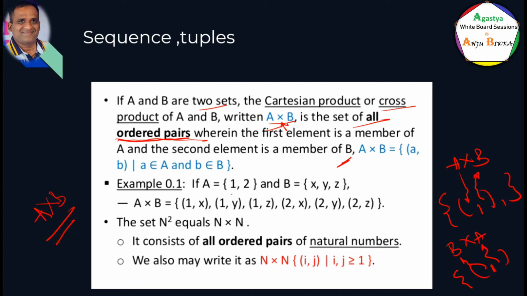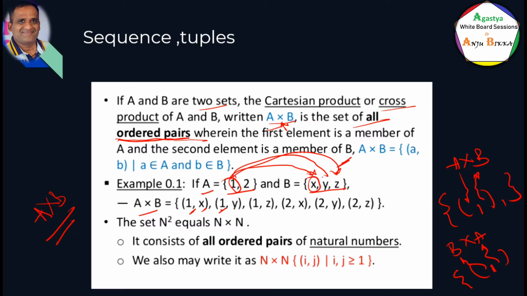Now, in this example, when we take A = {1, 2}, B = {X, Y, Z}, then for A cross B, the first element is from A and the second element from B. So for the first element we have to take all of these elements: 1 and 2.